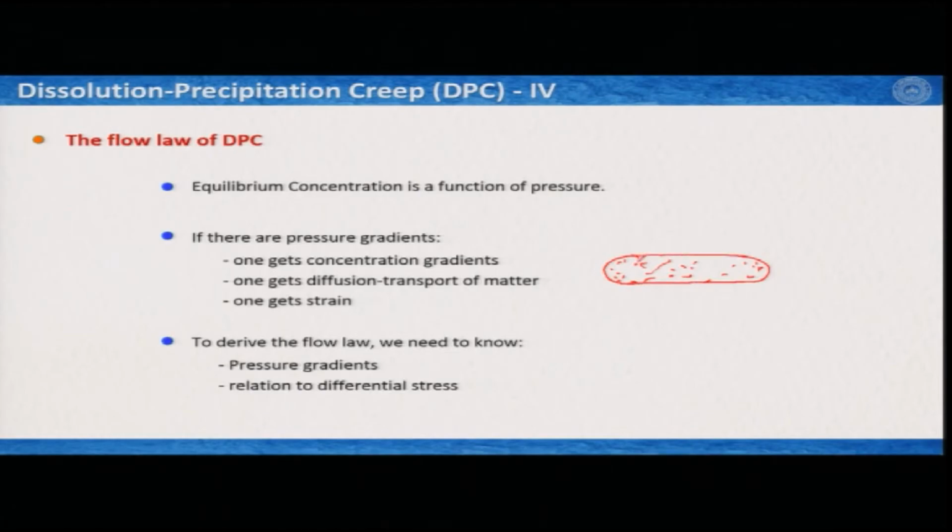Clearly my initial shape was something like that, so I have certainly achieved some strain in the crystal. This is how it happens, and then to derive the flow law you need to know the pressure gradient and its relation to the differential stress.